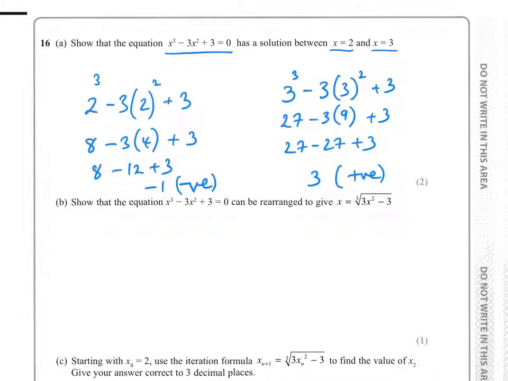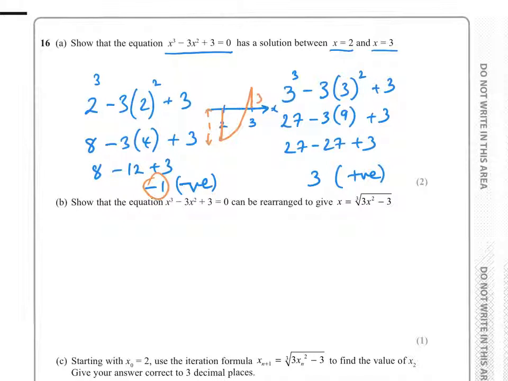So what you've got is a change of sign, and what that basically means is that when you've got a value x equals 2 and a value x equals 3 on the x-axis, the curve did this. At the point 2 it was 1 below the axis, and at the point 3 it was 3 above.